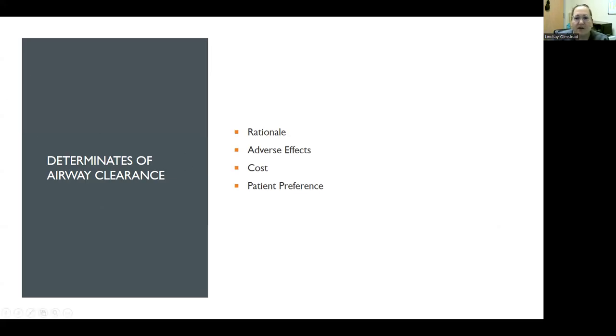Adverse effects. This is where you really want to use your RT. Again, I refer back to the pediatric world because we have so many different age groups and so many different size patients. So what therapy is likely to provide the greatest benefit with the least harm?